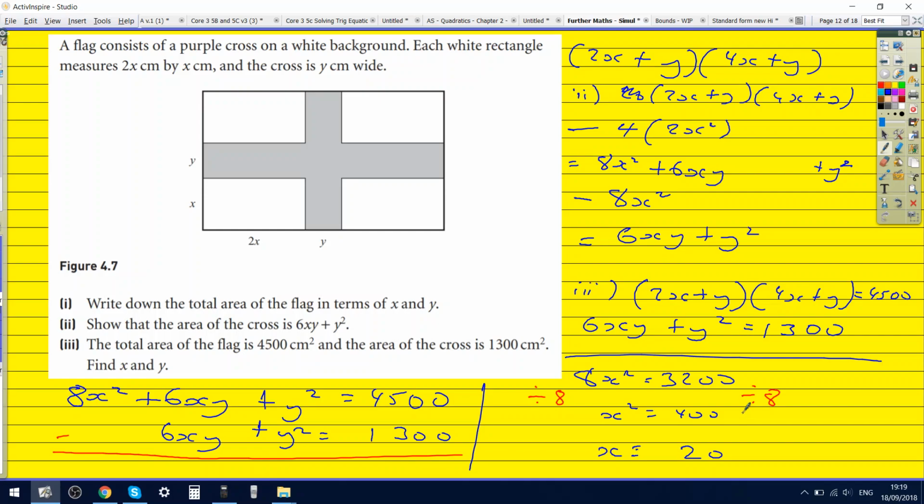So we want to find y now. 6 times 20 times y plus y squared is 1,300. 120y plus y squared is 1,300.